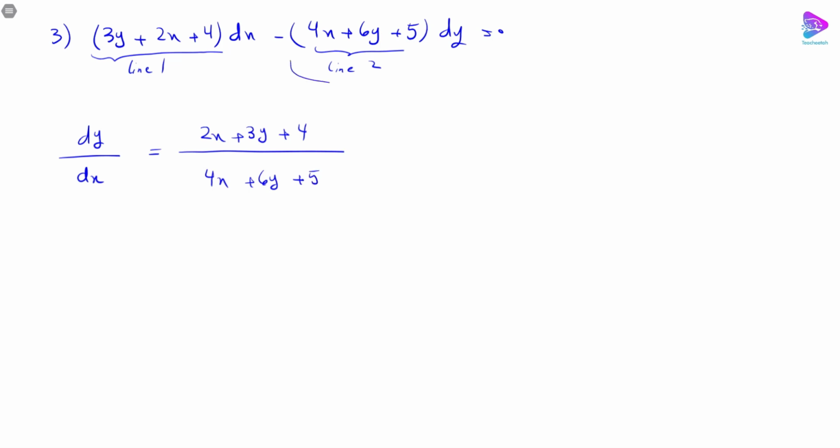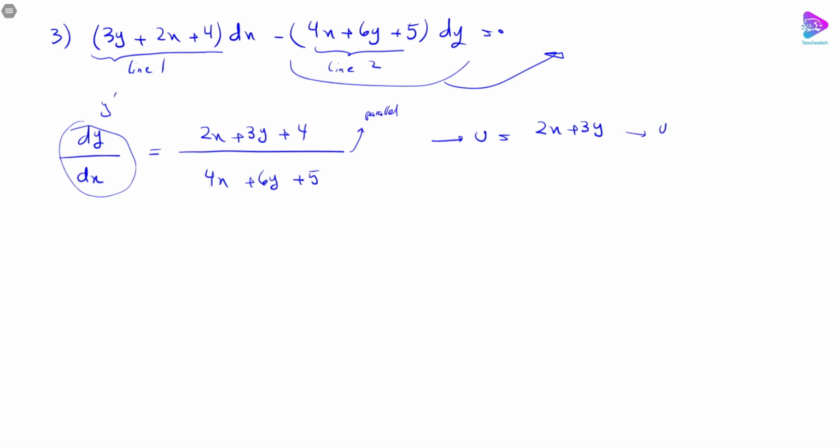I'm going to take this guy to the other side and then separate it, which basically this is y prime. There we go. So now u is equal to 2x plus 3y. As you can see, again, 2 over 3, 4 over 6, the lines are parallel.